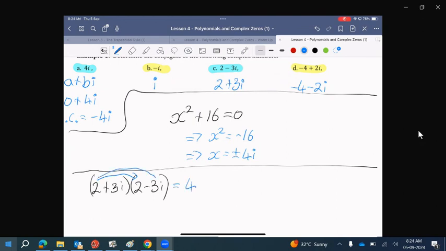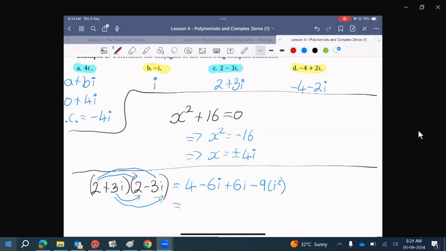We do 2 times minus 3i, which gives minus 6i. We do 3i times 2, which gives plus 6i. And lastly, 3i times -3i. This is the tricky one. This one gives us minus 9, and then we'll have i squared.